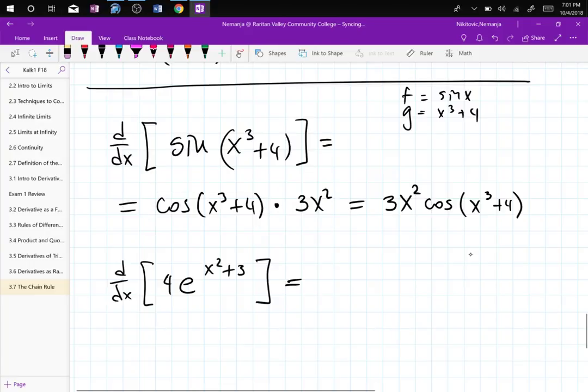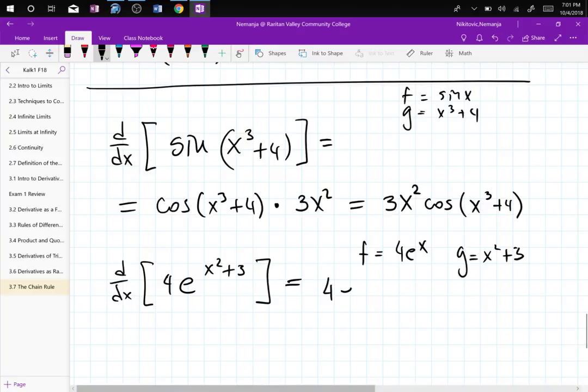We do the same thing on the next one. f is the outer function, which is 4e to the x, and g is the inner function, which is x squared plus 3. The derivative of e to the x is still e to the x, so we just get 4e to the x squared plus 3 back. The entire thing, we get it back, because the derivative of e to the x is itself, and we are still supposed to have g plugged in.